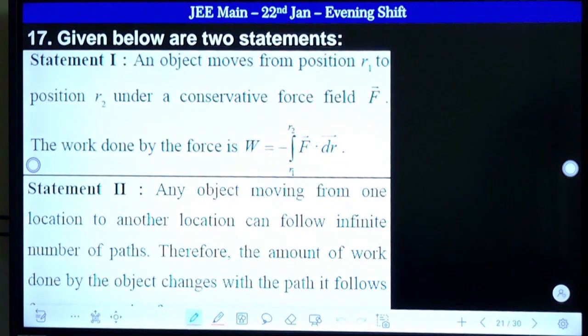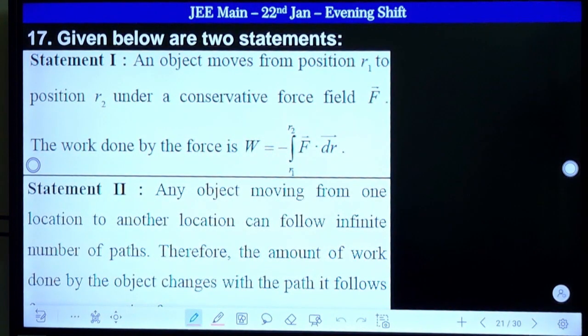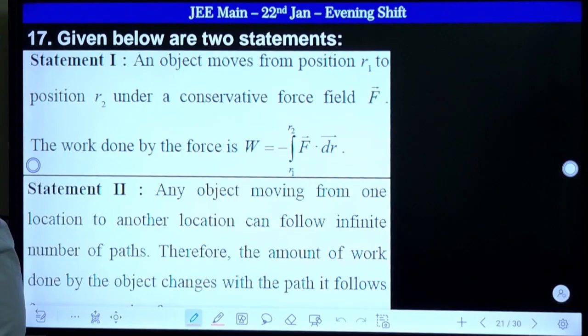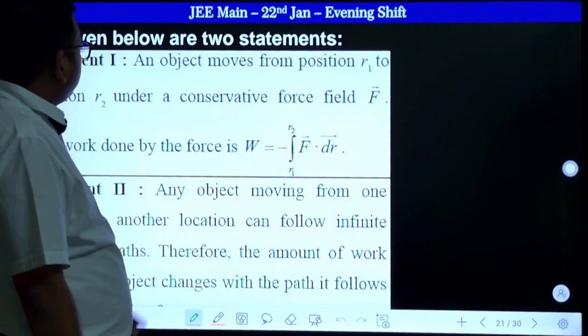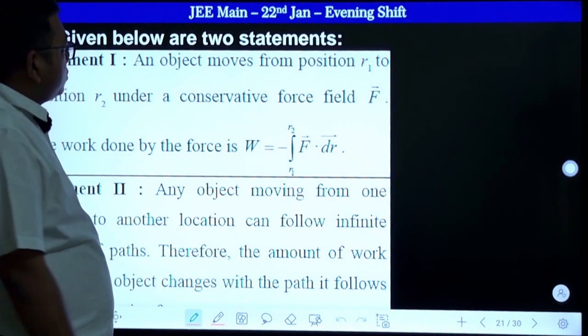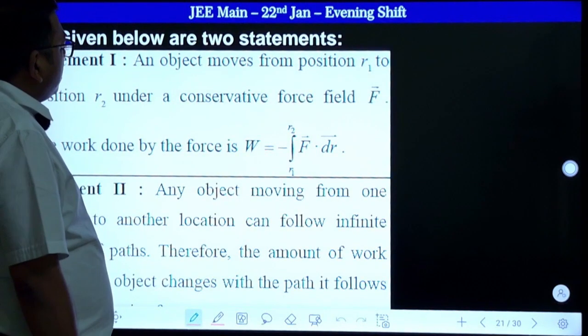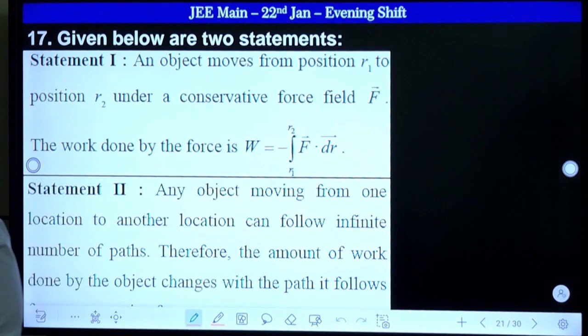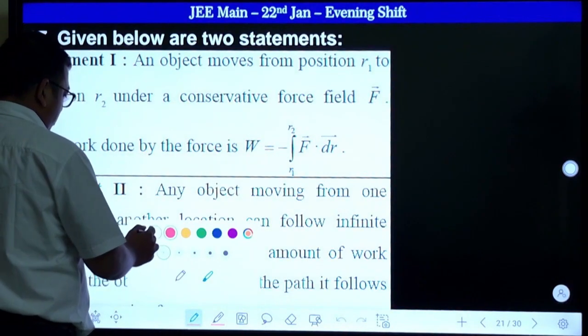Given below are two statements. Statement 1: an object moves from position R1 to position R2 under a conservative force field F1. Work done by the conservative force is minus something. So is this statement correct?